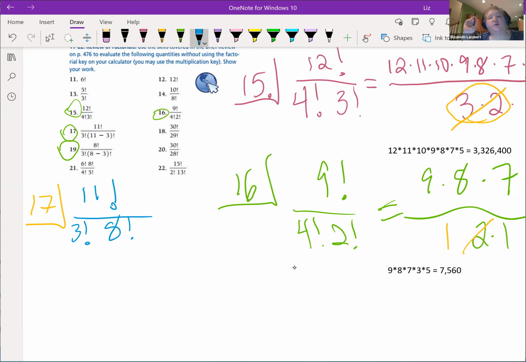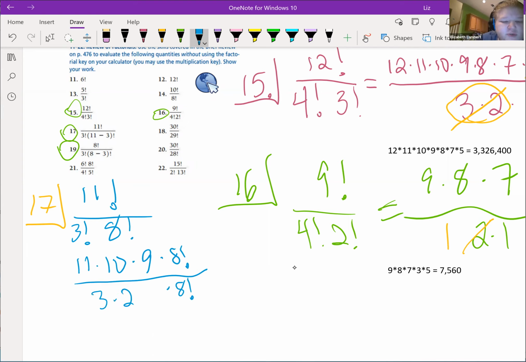So we have 11 factorial over 8 factorial, also with the 3 factorial. So that is going to be 11 times 10 times 9 times, and there's our cancellation. And then 3 times 2 times 1. So ugly factorial part gone.